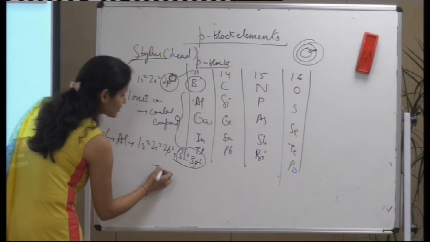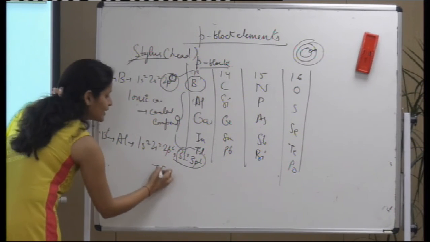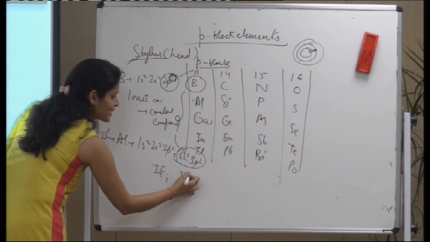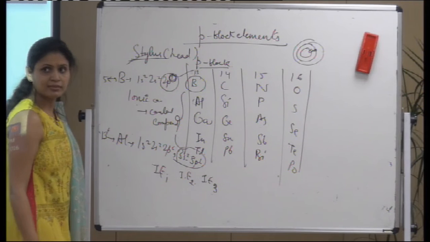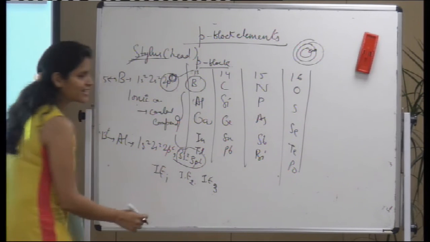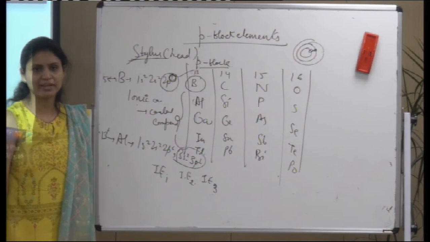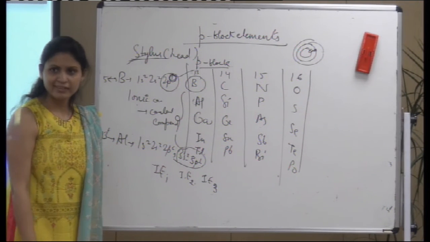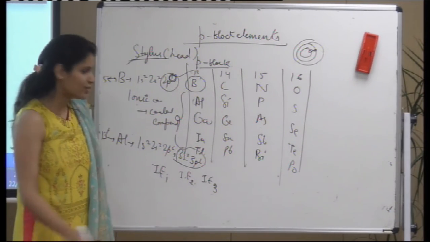If I am taking out 3 electrons, I have to talk about ionization energy 1, ionization energy 2, ionization energy 3. So what would be the order of ionization energy 1, 2, 3? Would 3 be smaller or greater? Greater, right? Everybody is getting why ionization energy 3 is greater than 2 and then 1.